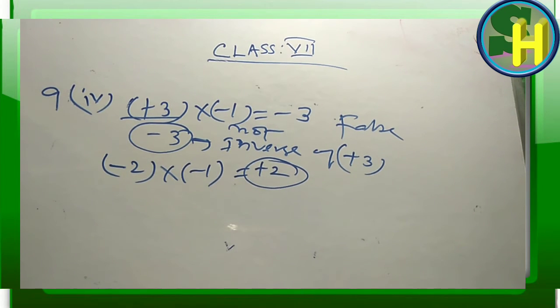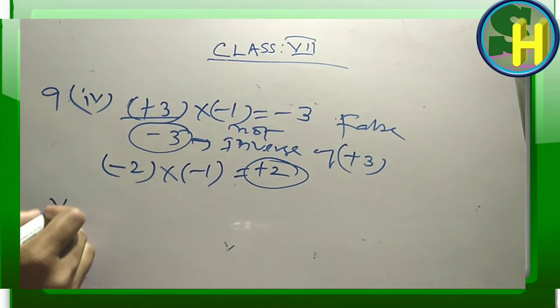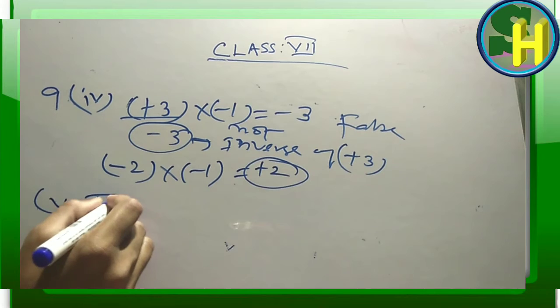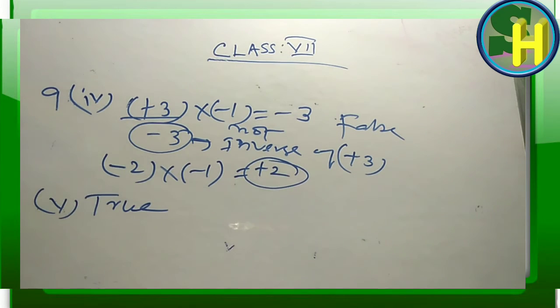Next is question number 5. In question number 5, multiplication of integers is commutative. So obviously question number 5 is true, because multiplication of integers is commutative.